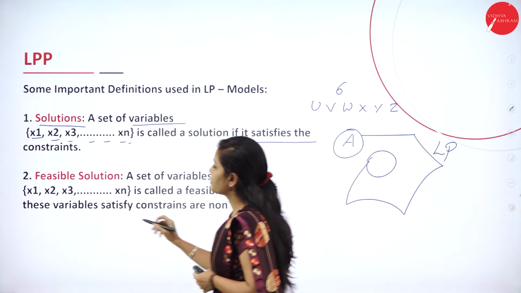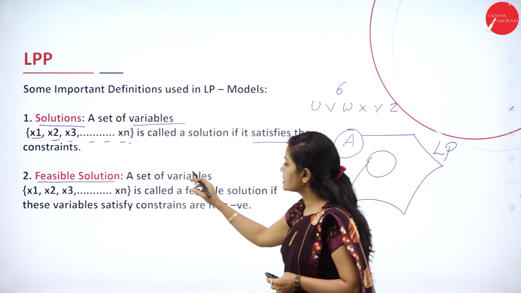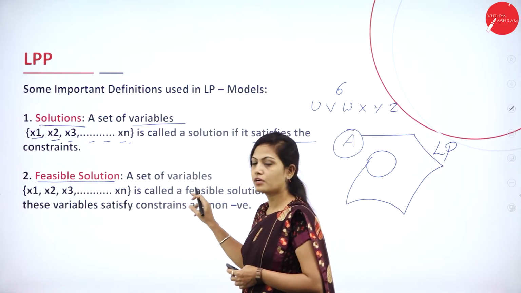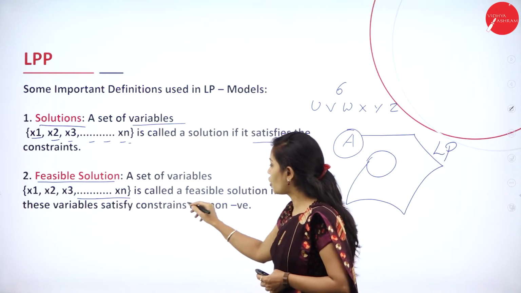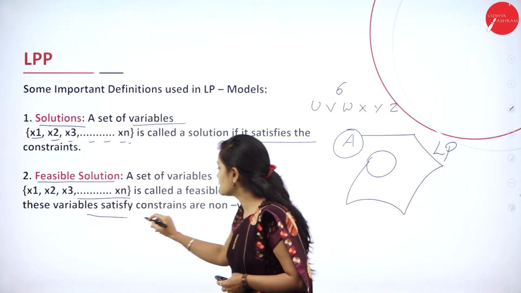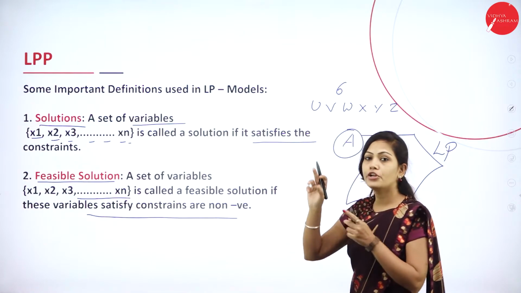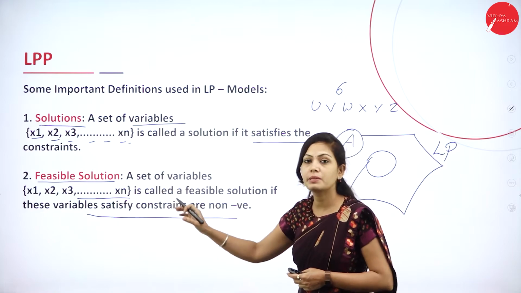And feasible solution. What is this feasible solution? A set of variables x1, x2, x3 up to xn is called a feasible solution if these variables satisfy the constraints and are non-negative. So when can we call it a feasible solution?